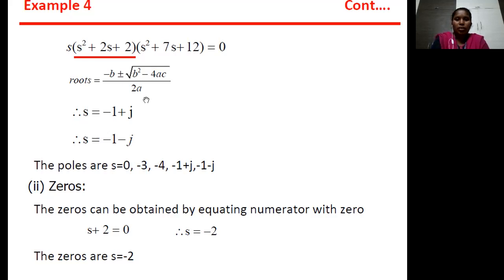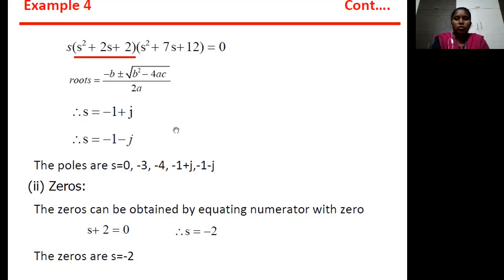From this I obtain the roots as minus 1 plus or minus j. That means pole number 4 is minus 1 plus j and pole number 5 is minus 1 minus j. These are called complex conjugate poles.